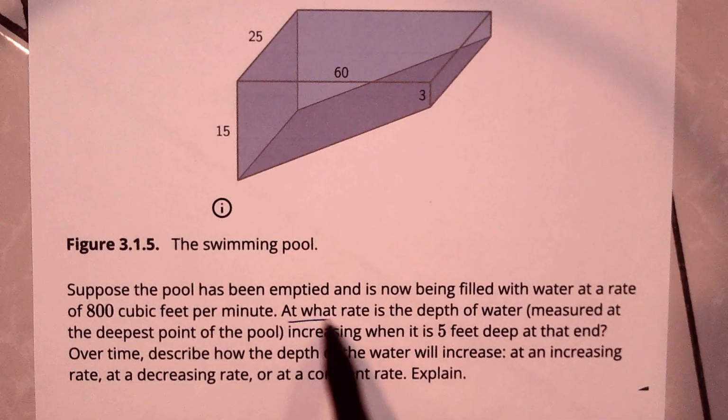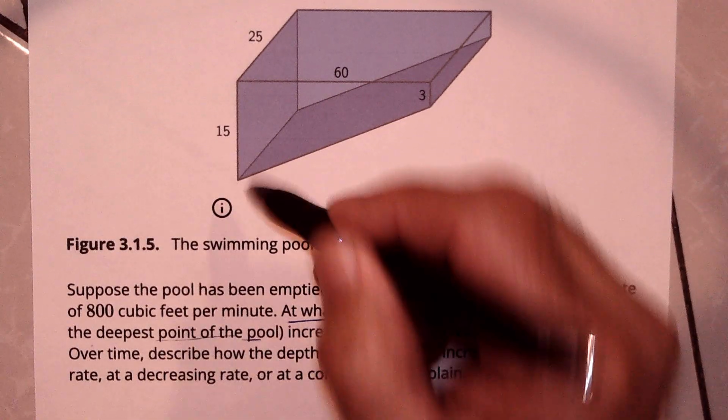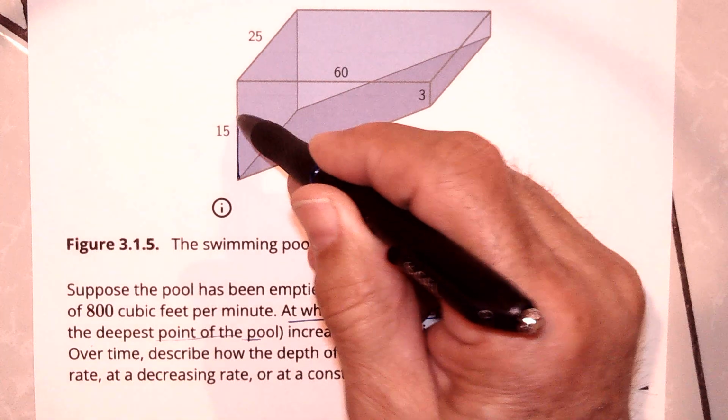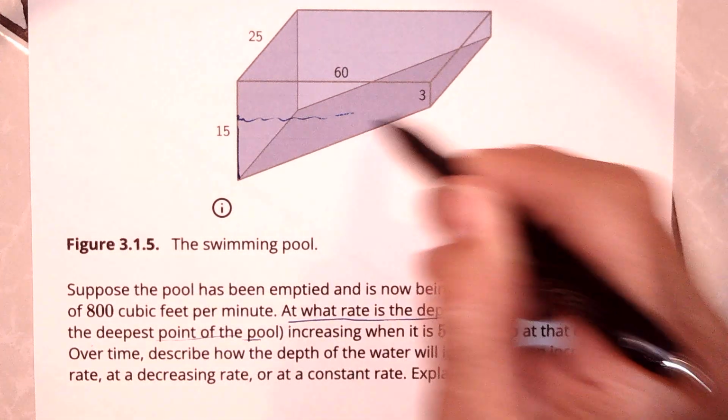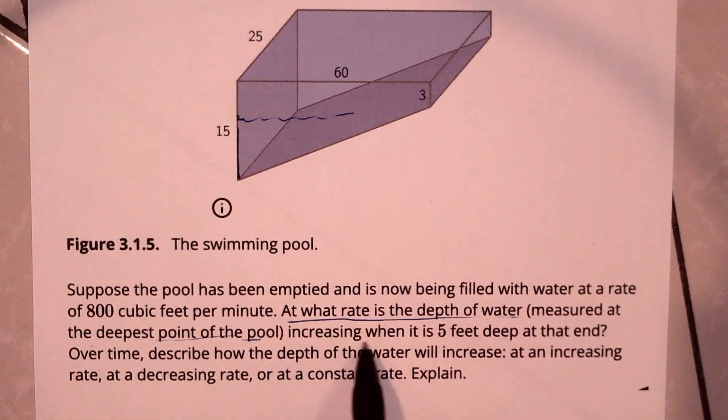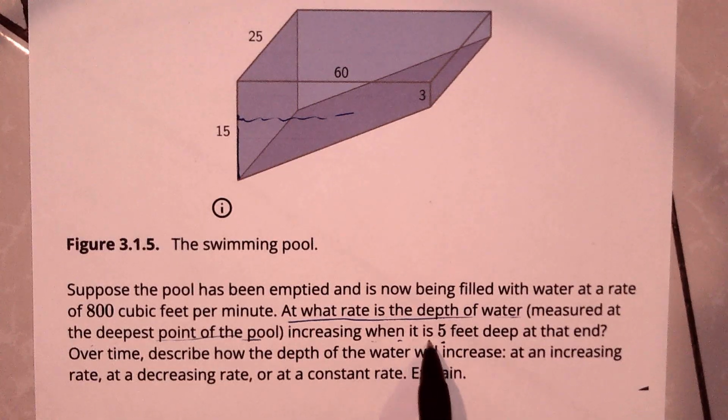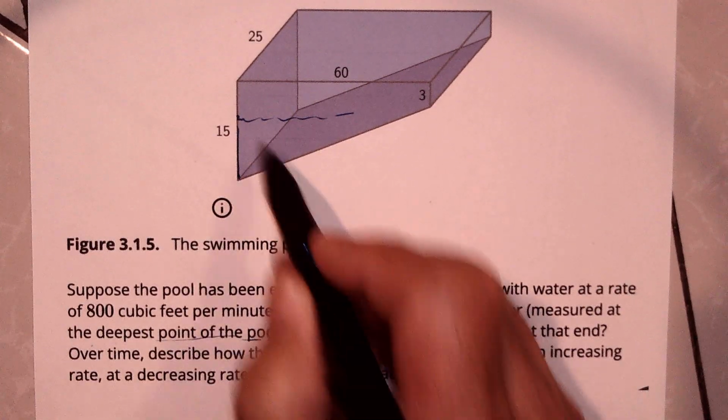We want to know at what rate the depth of the water, measured at the deepest point of the pool, from here up to water level, is increasing when it is 5 feet deep at that end.